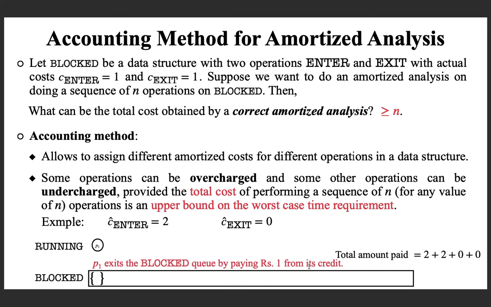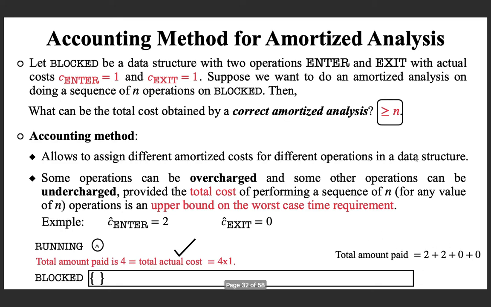Similarly, P1 can also come out. And here again, note that the total cost paid is 2 rupees, and which is the total actual cost. Total actual cost is 2 enter operations plus 2 exit operations, 2 plus 2, 4, and the amortized cost is again 4.